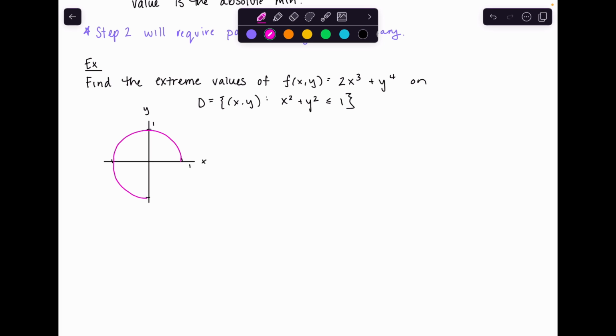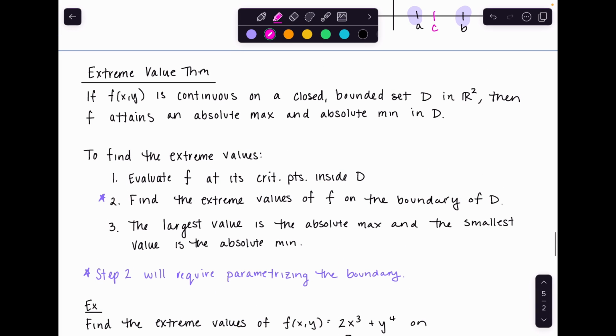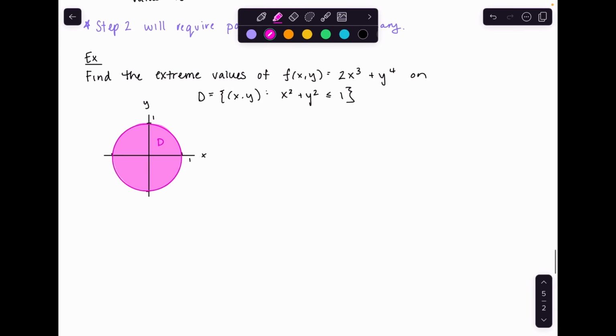So we've got our unit circle of radius 1, and so this is set D. One thing you have to verify first, since we are using the extreme value theorem, is that it has to be continuous on a closed bounded set D. I need to verify this is true before I can actually find my extreme values, because I'm only guaranteed extreme values on closed bounded sets with continuous functions.